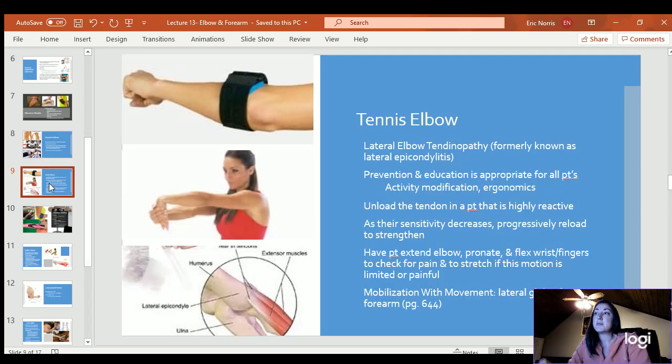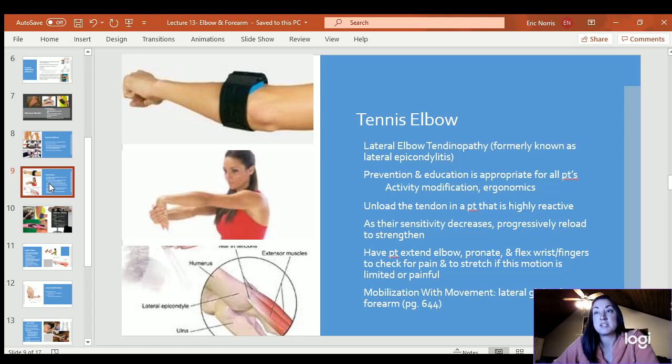With tennis elbow, that used to be called lateral epicondylitis. Most people I've worked with still call it that. But now the new name for it is lateral elbow tendinopathy.